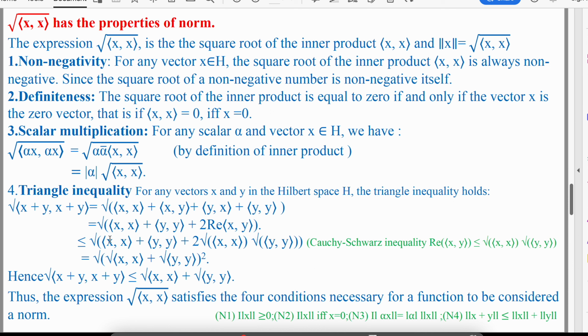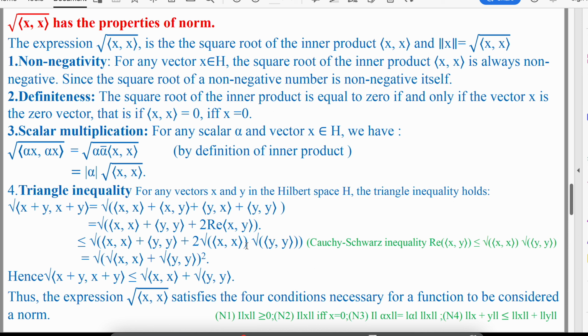And this is less than or equal to twice the square root of the inner product of x with x and the inner product of y with y. By the Cauchy-Schwarz inequality, the real part of the inner product of x with y is less than or equal to the square root of the inner product of x with x and the inner product of y with y, so I have used this inequality. If you see clearly, this is a square, this is b square, and this is 2ab.